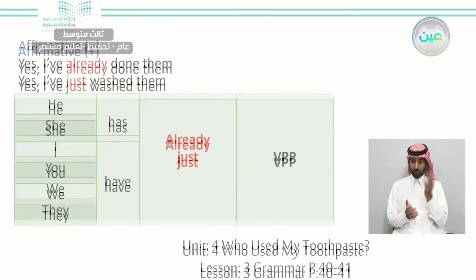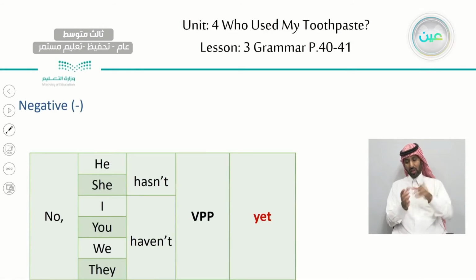What about yet? When do we use it? Yet we use it when we are expressing the negative. So we say no, and then we have the regular statement, which is we start with the pronoun, and then we add the negative here. Hasn't, haven't, verb 3, and at the end of the sentence we add yet.